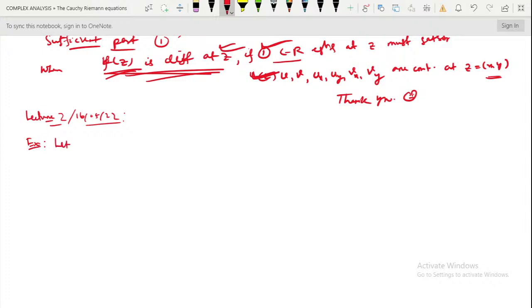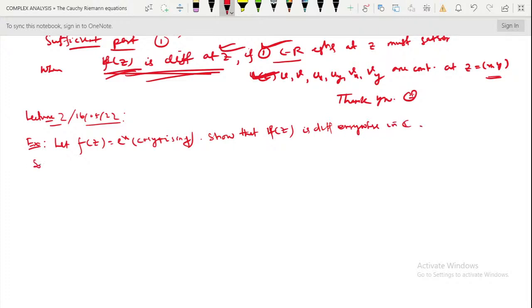Let f of z be given by e to the power x whole into cos y plus i sin y, so that it is differentiable everywhere in C. That means this f of z is differentiable in the whole complex plane.